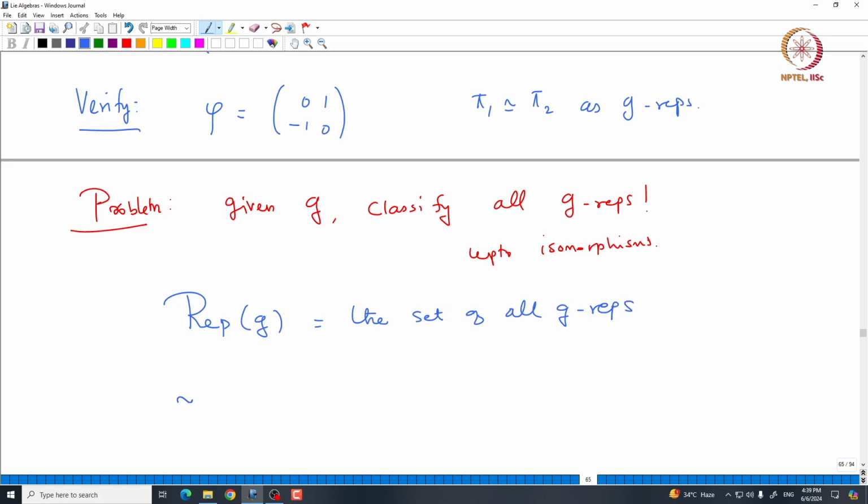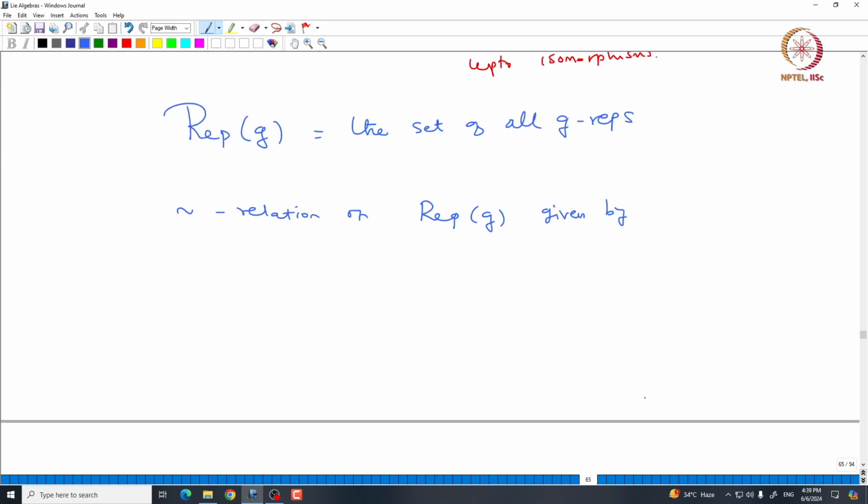So, then one can define an equivalence relation. So, we define this relation on this Rep G, given by: we say that two representations are equivalent if and only if they are isomorphic.